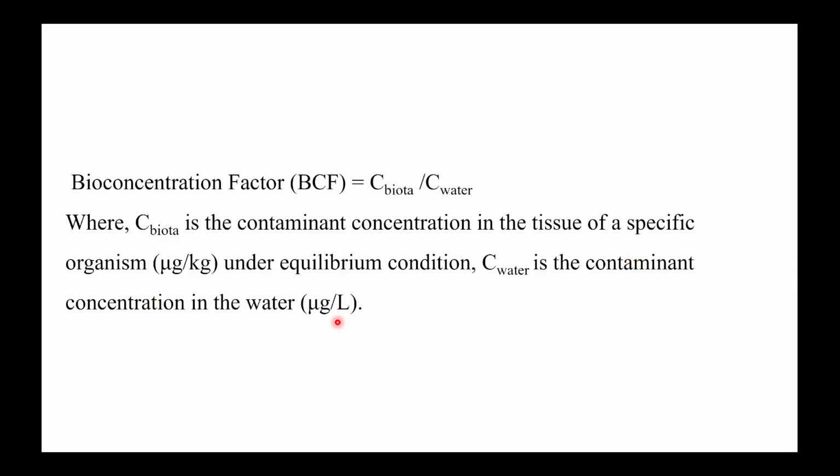So why is this factor important? This is how we can determine if a particular contaminant is accumulating in our tissues more than it should be present. There's always a threshold level up to which different living tissues can tolerate a particular contaminant. You must have heard about metal toxicity.